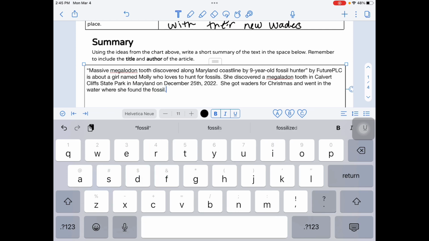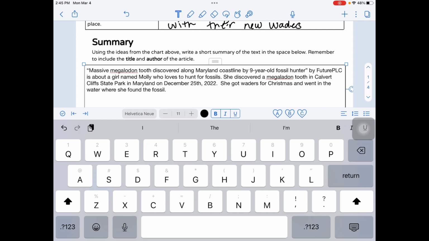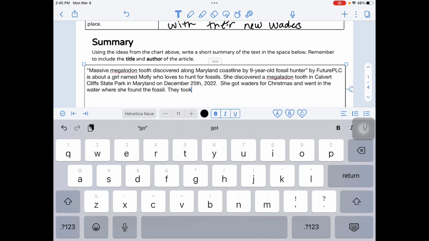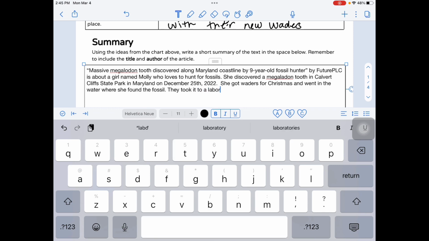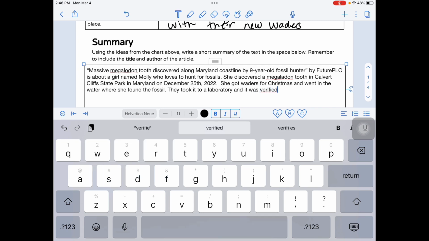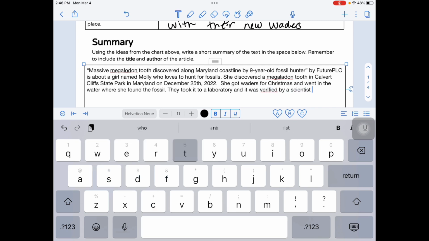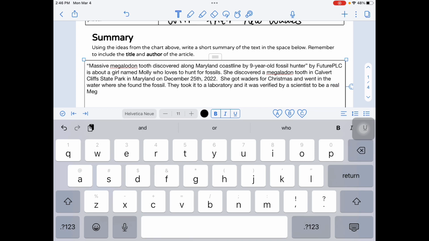And I could add in here too, this is really hitting my 5 W's and a how, but I could also add in there too, they took it to a laboratory and it was verified by a scientist to be a real meg tooth.